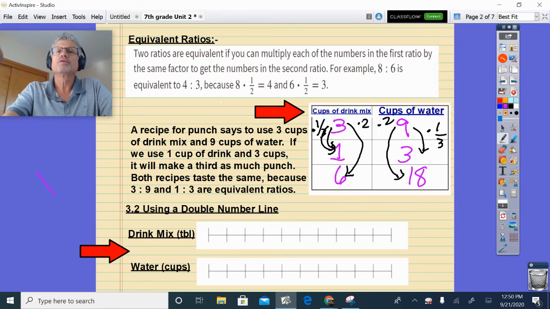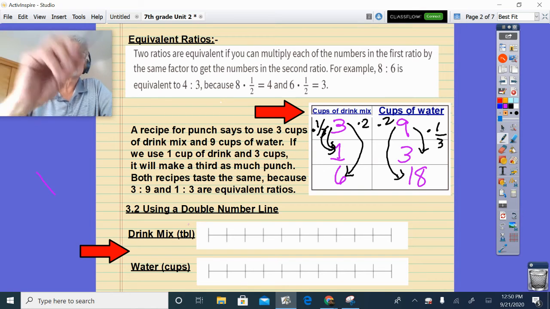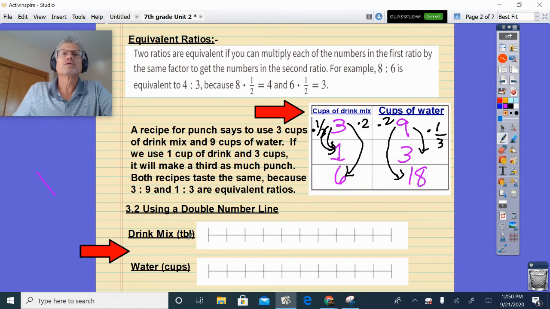Now, let's go ahead and use the double number line. Please write this down. It has a red arrow next to it. So write two number lines, one on top of each other, and the drink mix one is going to be cups, not tablespoons.